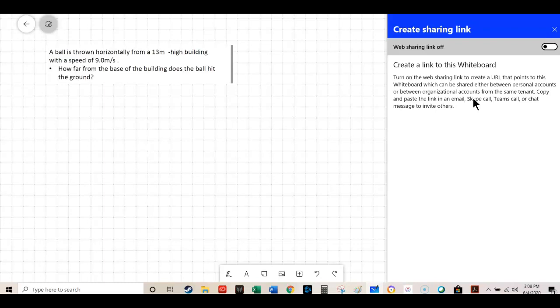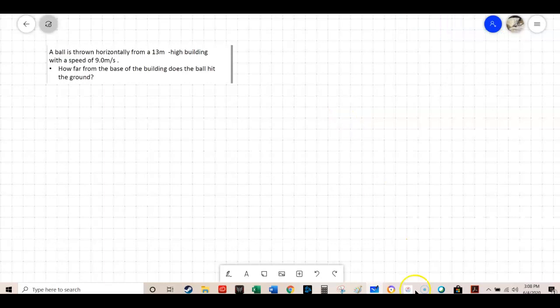When people click on it, if they have a Microsoft account and also have Whiteboard installed, they'll be able to see this. So they'll be able to jump in and actually draw.